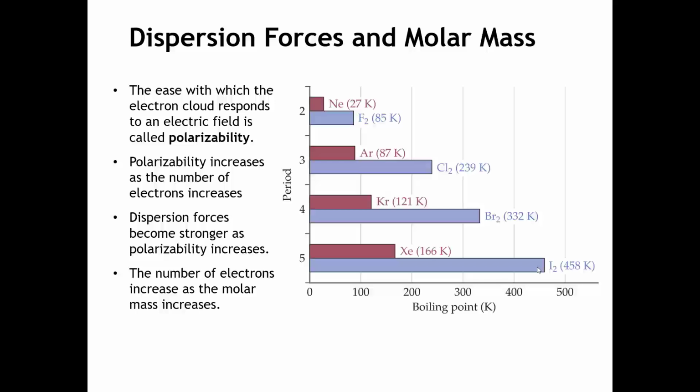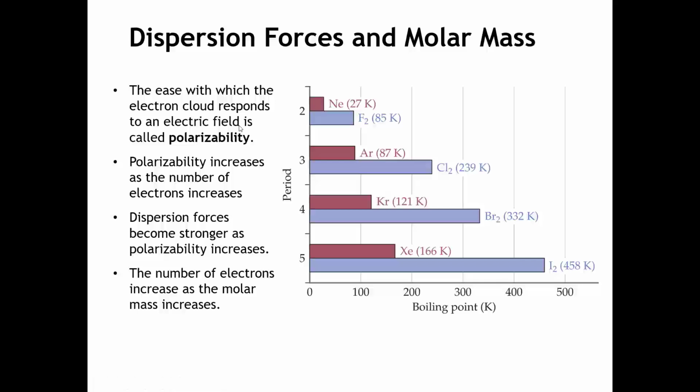And we saw that something like iodine can have intermolecular forces that are so strong that it makes it a solid at room temperature. In both cases, because these are neutral, nonpolar molecules, the only intermolecular force is the dispersion force.